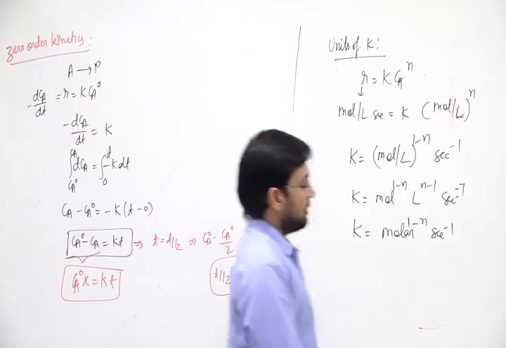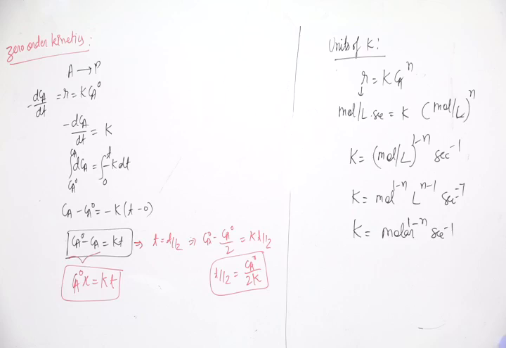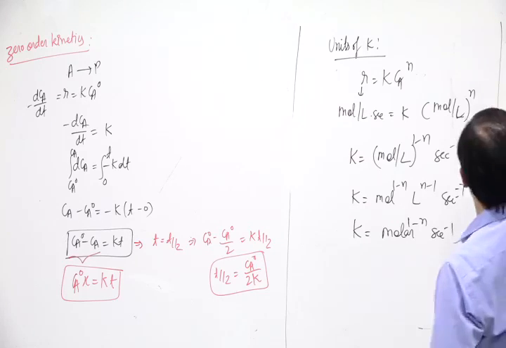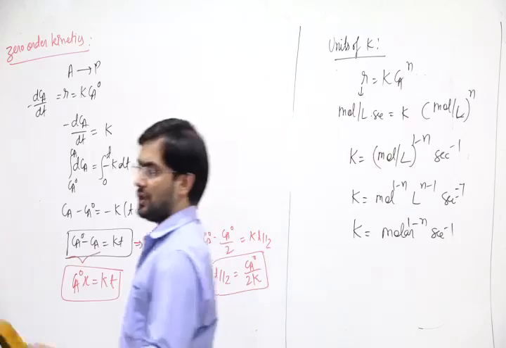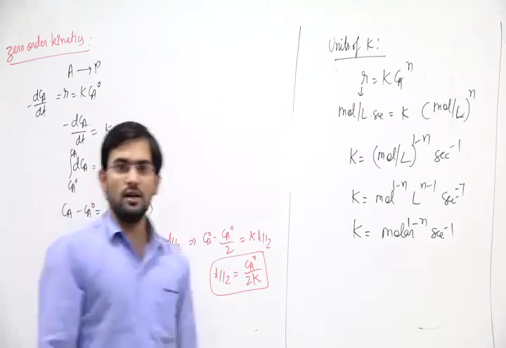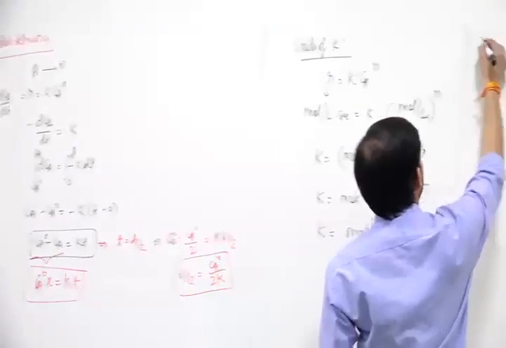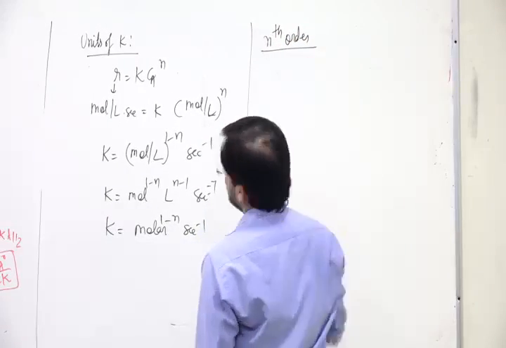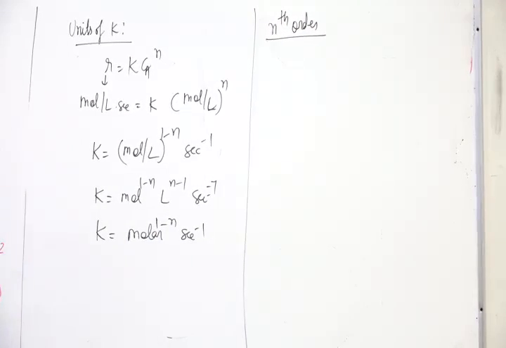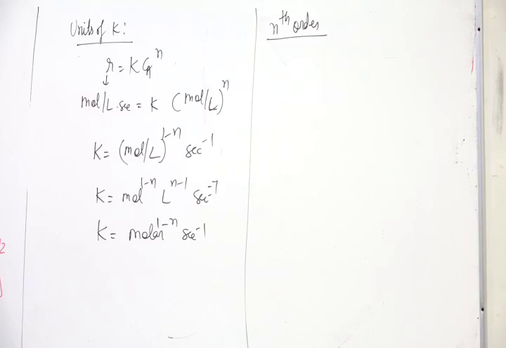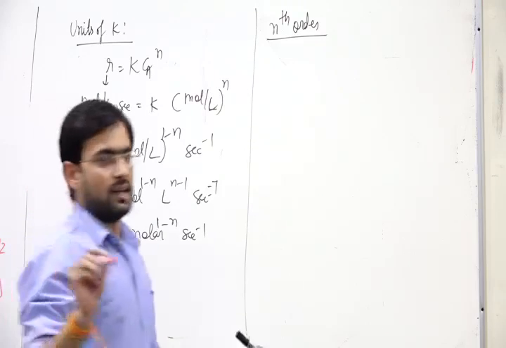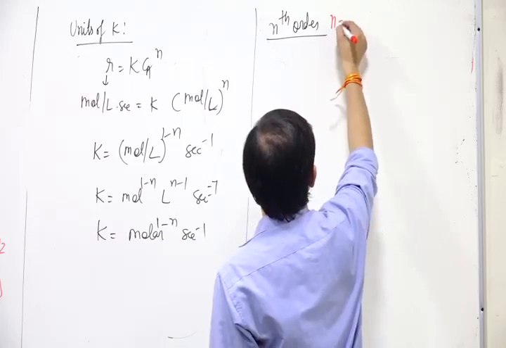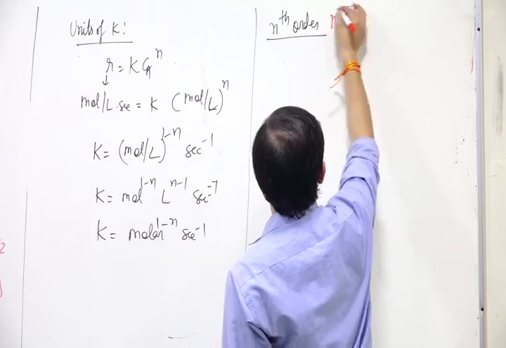Done, beta? So I taught you first order, I taught you zero order. Now I'm going to teach you directly nth order. Nth order kinetics will work for any type of order, except n equals 1.